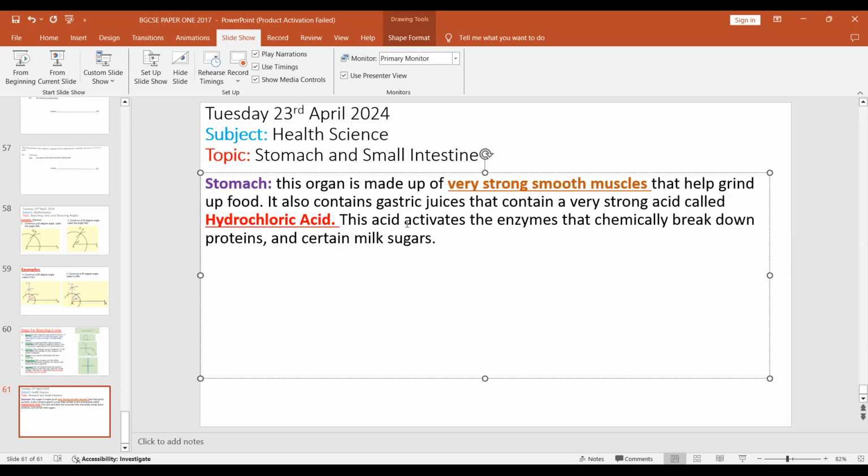Now, your stomach has acids, and obviously the acids help to break down the food. But the question is, why doesn't the acid burn a hole through your stomach itself? Does anyone know?